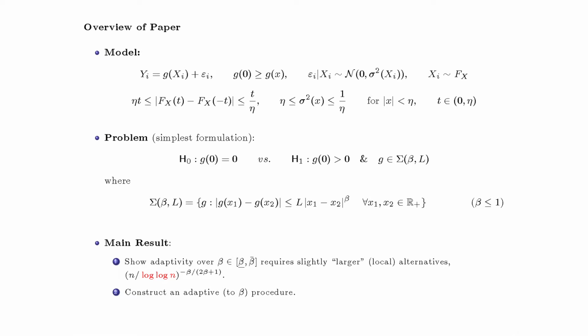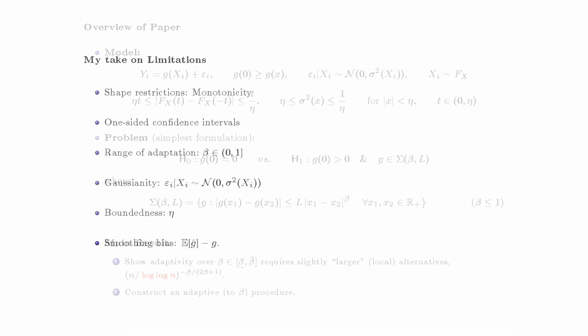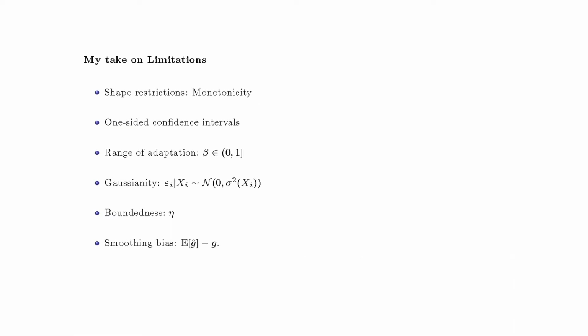So is it biting the possible jump in the CDF, or is it biting the bounded variance? I peeked at the proof, and I think it's the bounded variance part that is biting here, but I may be wrong on this. And then finally, what I think is very, very important here, and in some sense is handled appropriately, but it may lead to something that is extremely conservative, is a bias.